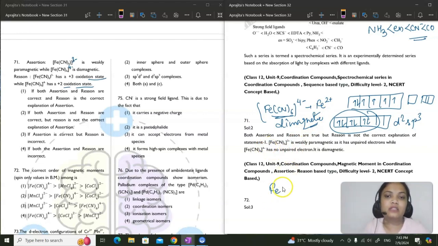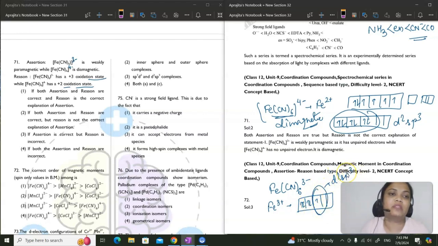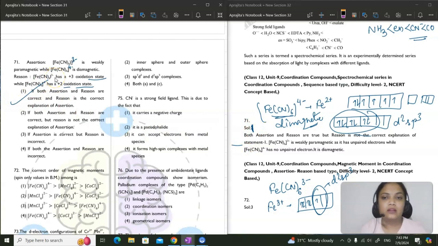If I talk about Fe(CN)6 3-, here there will be Fe3+, so 5 electrons, and in those 5 electrons when pairing happens, 1 2 3 4 5, there will be one unpaired electron, and d2sp3 hybridization will be there. So both assertion and reason are true, and the reason is the correct explanation of the assertion. It's answer 1. Because in the +3 oxidation state it has unpaired electrons, so it's correct.